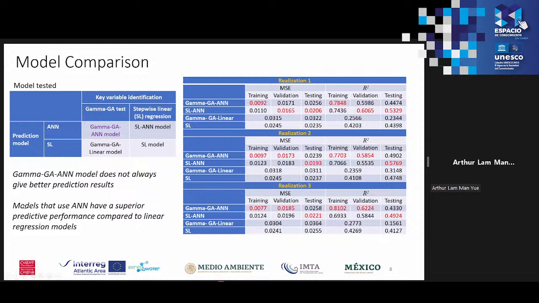You can also see that the two models that use ANN are better compared to the other models that do not use the ANN. It is because the ANN is good at capturing nonlinear relationships between the inputs and outputs.